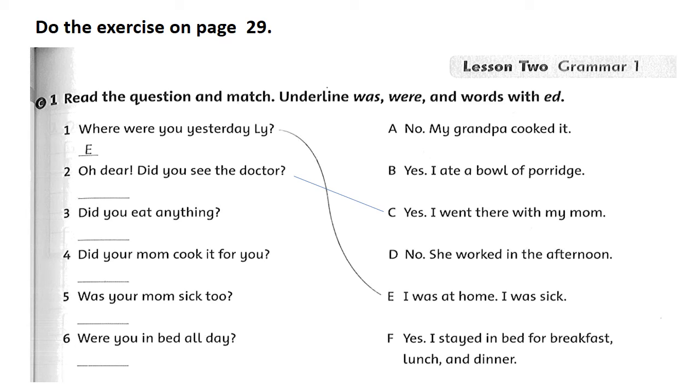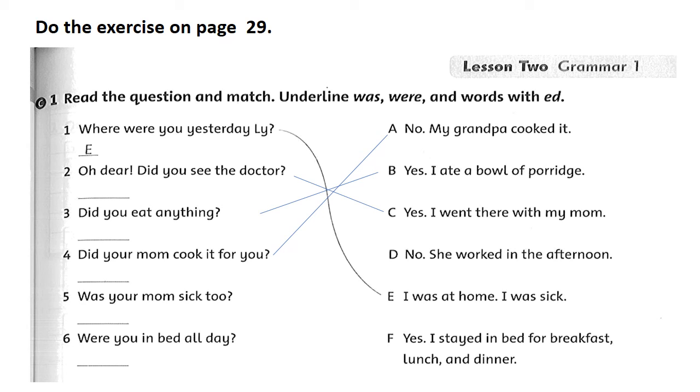Okay, let's check. Number 3. Did you eat anything? Yes, I ate a bowl of porridge. Number 4. Did your mom cook it for you? No, my grandpa cooked it. Number 5.